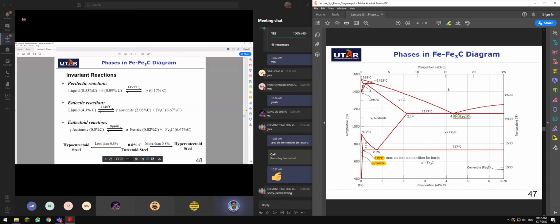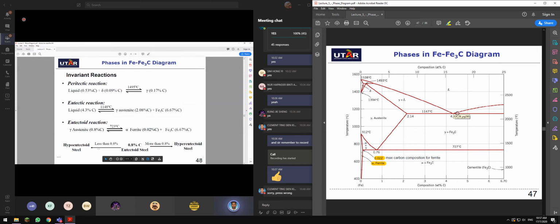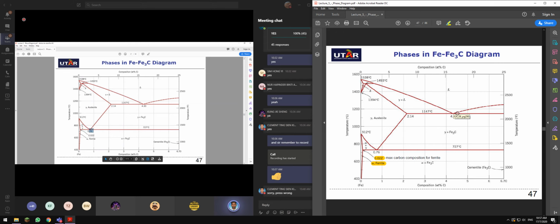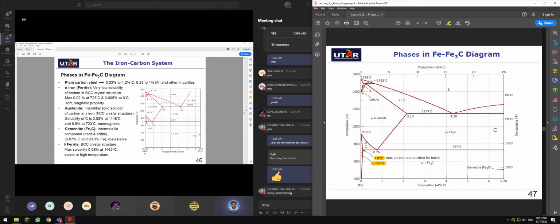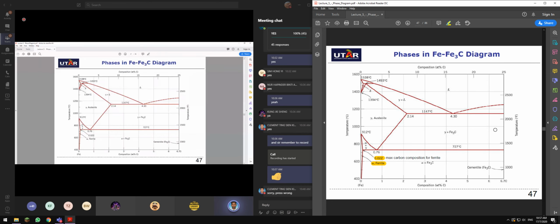Here 723, 0.8, over here. Eutectoid, eutectic, and then we have peritectic over here.